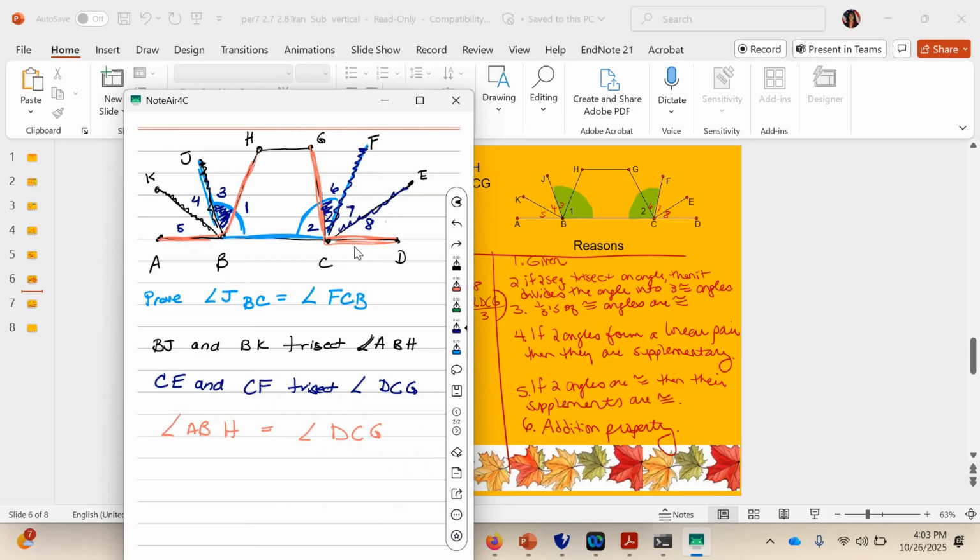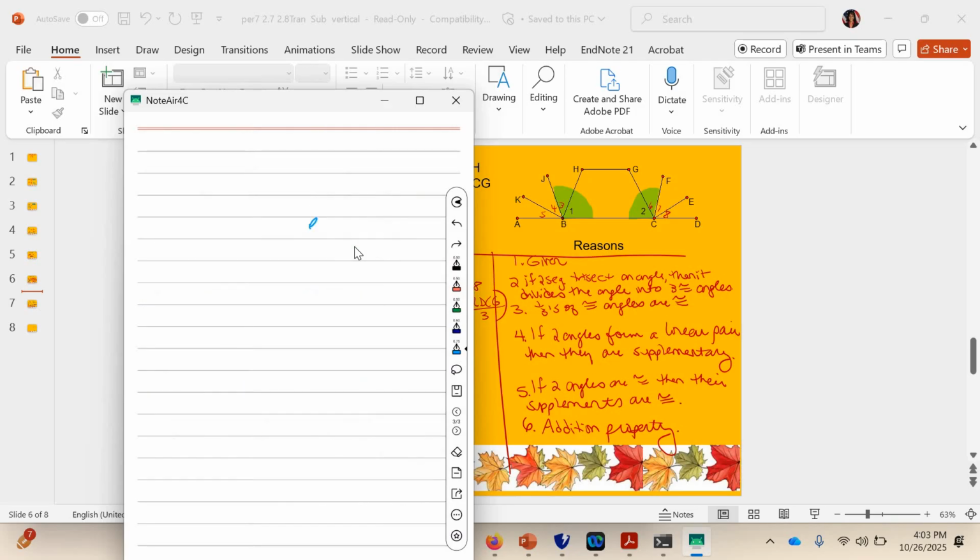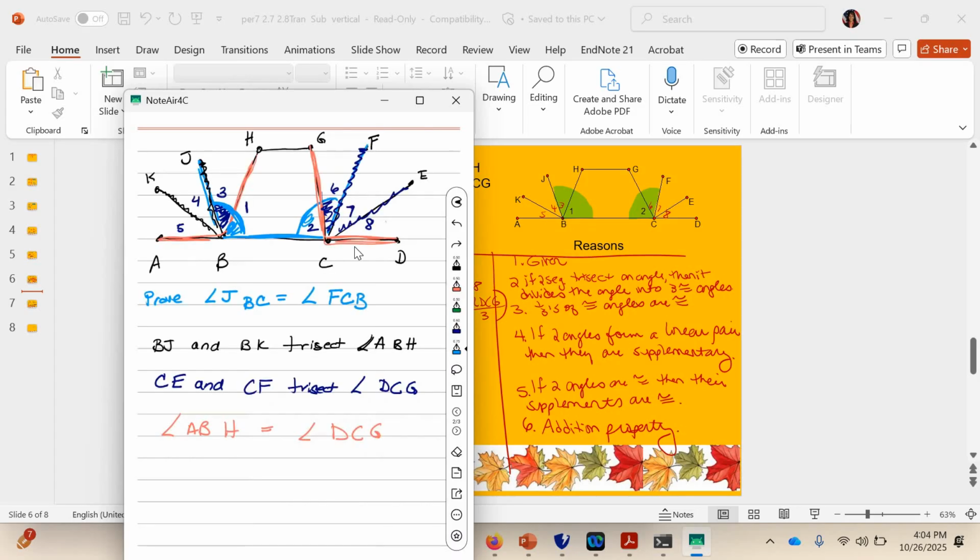If I can show that number 1 and 2 are both equal in measurement, then this part here is the only part that's missing. If I can show that these two things are the same, then this thing here is the same thing as that other shaded blue, and I'm done.